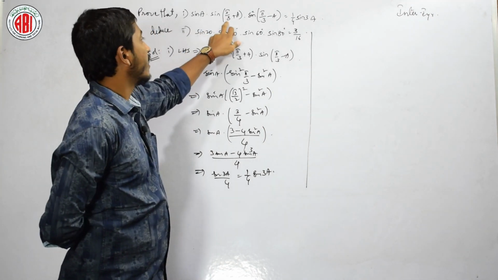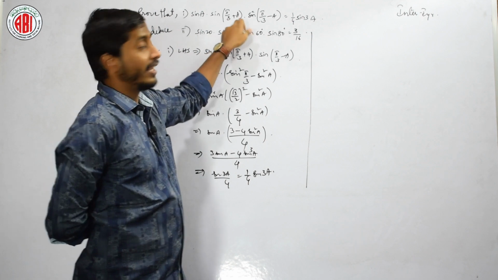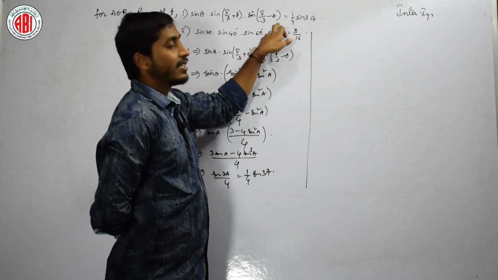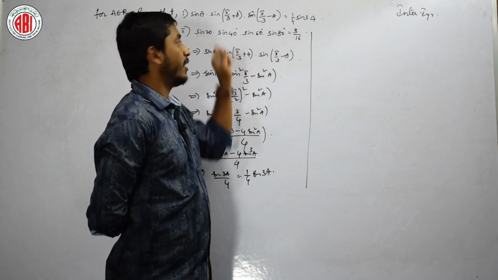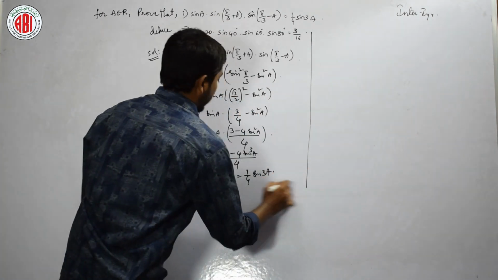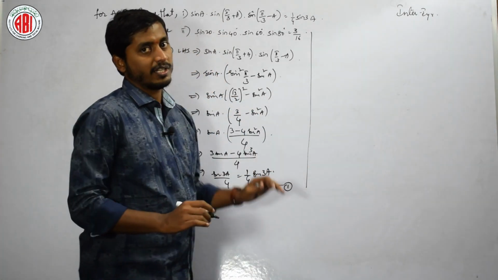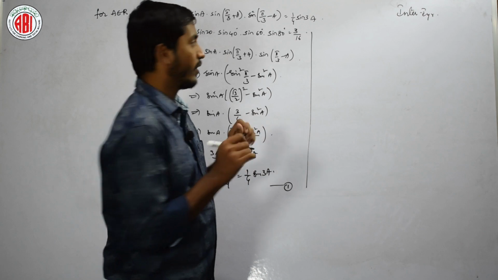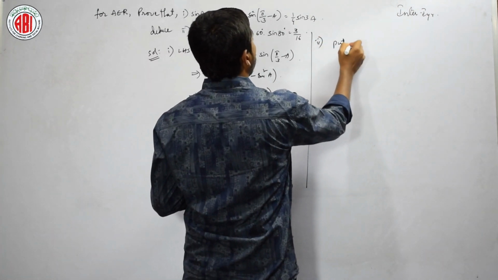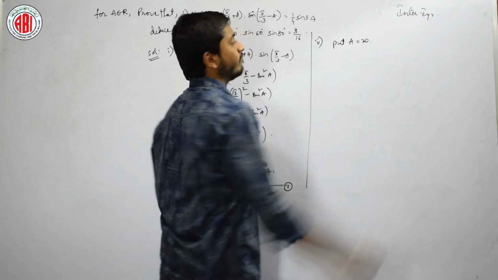Here 60 plus 20 will be 80, and here 60 minus 20 will be 40. Now let us assume this is the first equation he asked us to prove. Now for the second one, let us put A equal to 20.